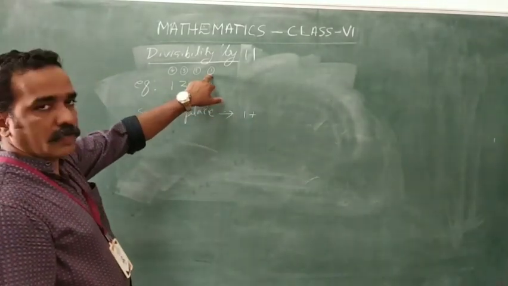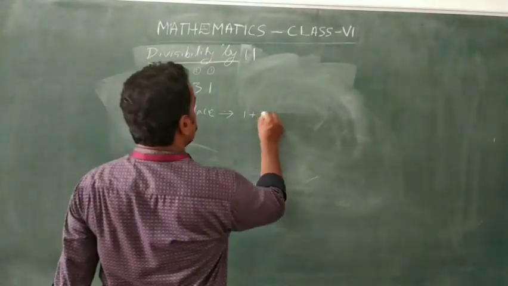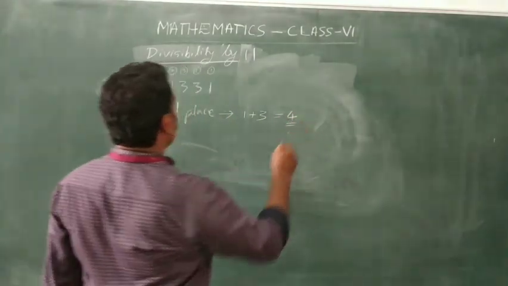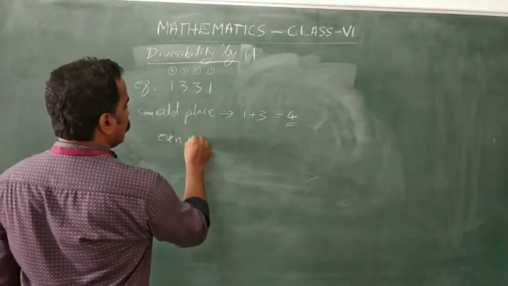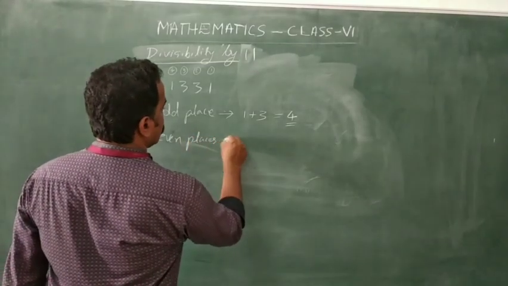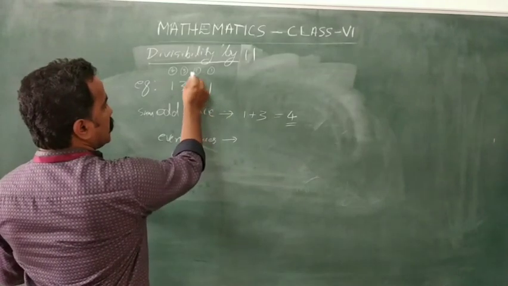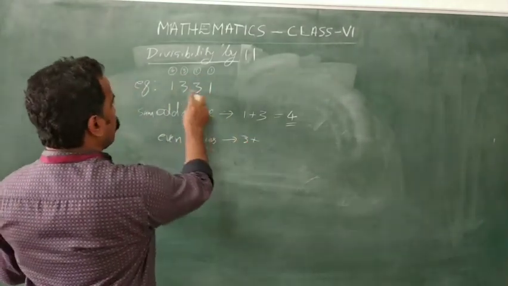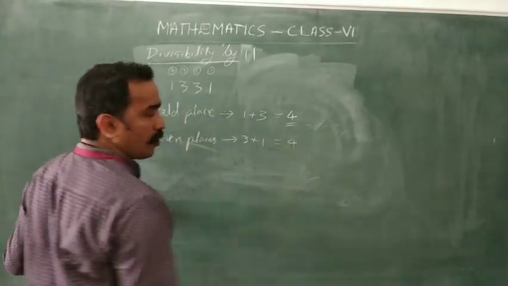Then the next odd place, the third place, is 3. So the sum is 4. Now the even places: the second place and the fourth place. The second place is 3 and the fourth place is 1. So 3 plus 1 is 4.